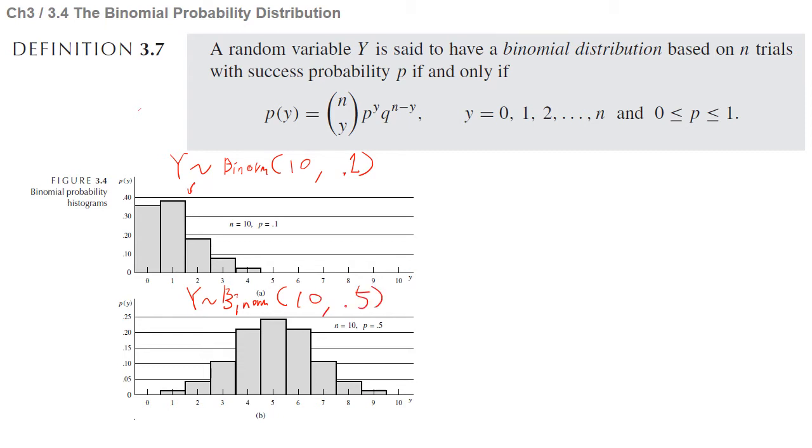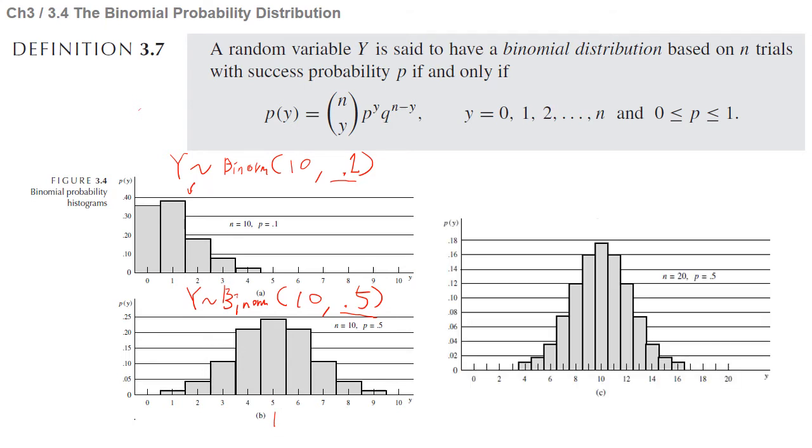And if there's a little chance of success, then the distribution would be skewed to the left. But if it is the fair situation for each Bernoulli trial, then it's centered at 5, and the shape looks like this.